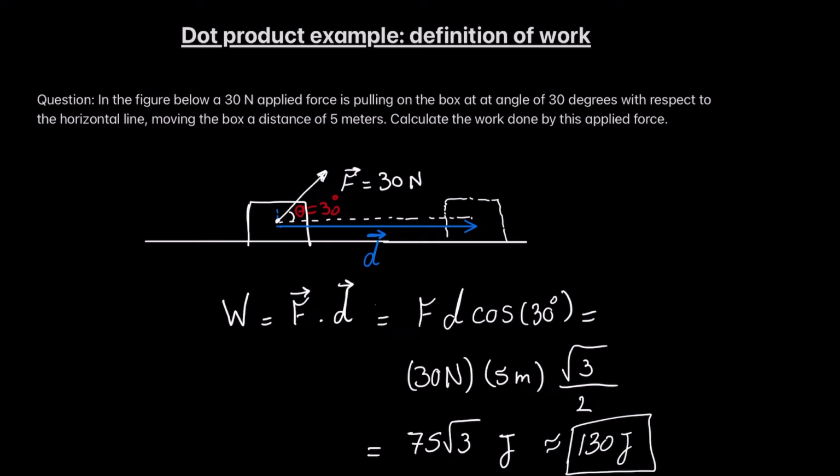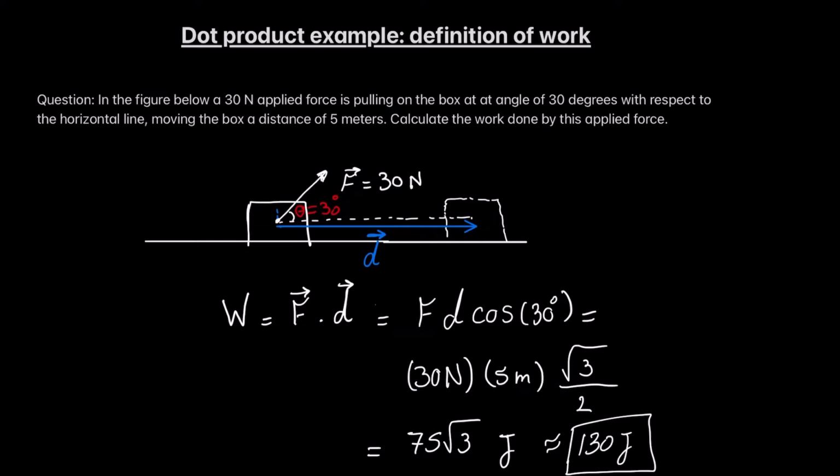The displacement vector starts from the origin, from wherever the box was initially, and ends wherever the box ends up. The distance that the box moves in that interval is 5 meters according to the problem, and we're asked to calculate how much work is done by this applied force.